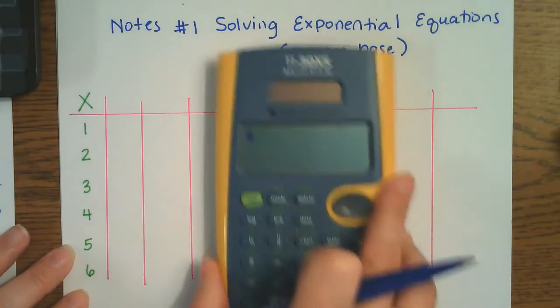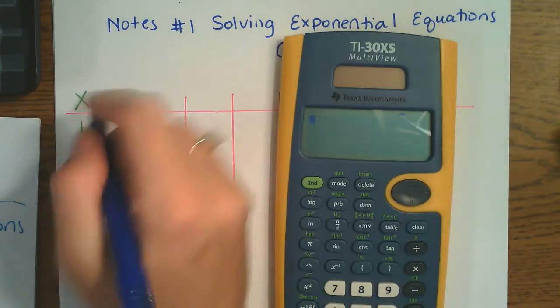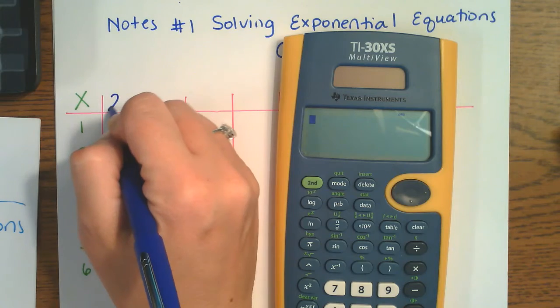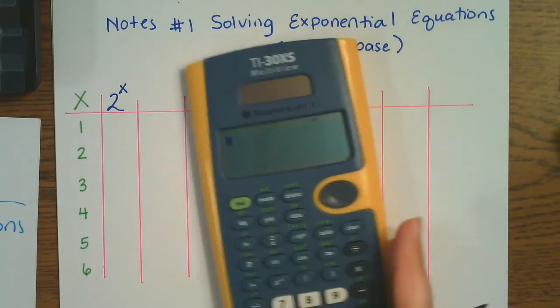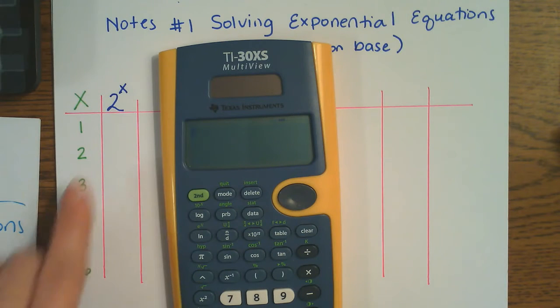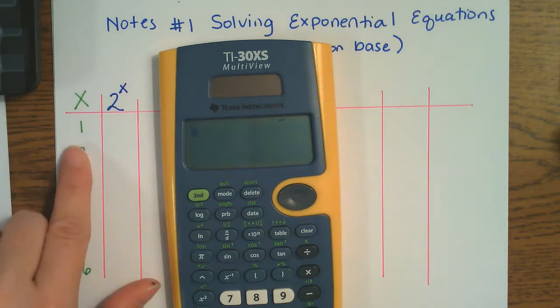Okay. So in this first column, we're going to find 2 to the x power. So I'm going to go through each one of these numbers as my exponent on 2.